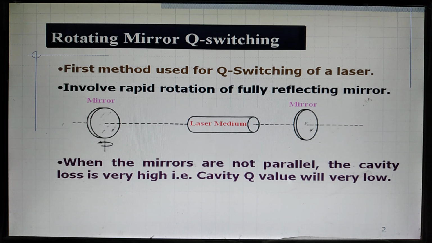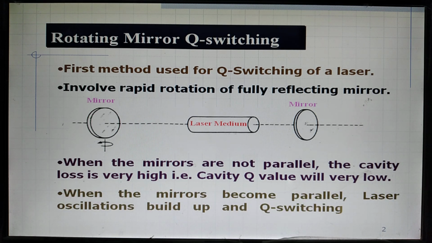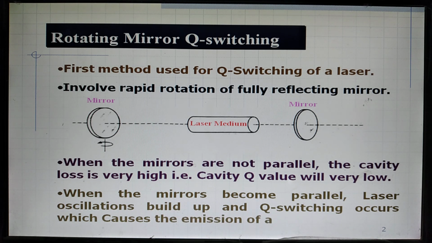When the mirrors are not parallel, the cavity loss is very high and consequently the cavity Q value is very low. When the mirrors become parallel, the laser oscillation builds up and Q switching occurs. It causes the emission of a giant laser beam pulse.